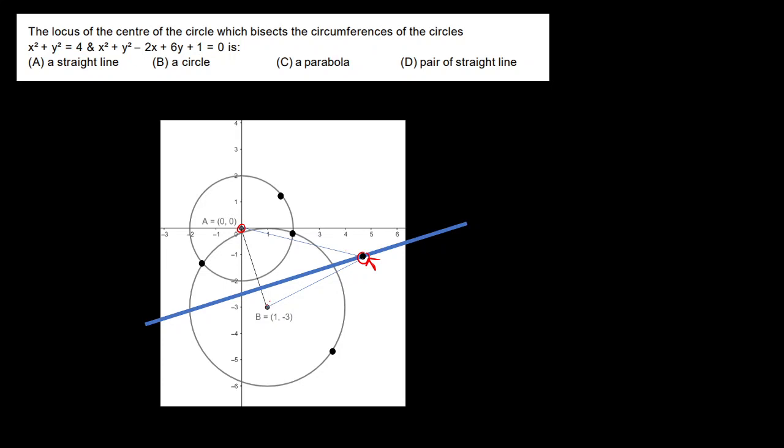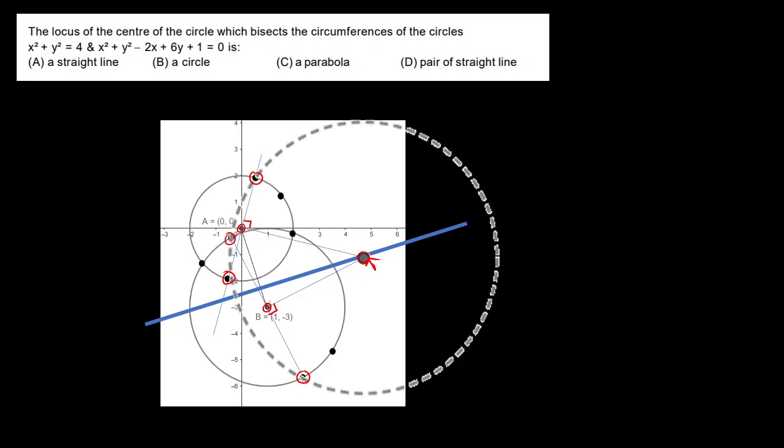I connect these two centers, and then I will draw these two diameters on both the circles which are perpendicular to this line. Okay, and then I will mark out the points where these diameters intersect, like here, and you will see a point appearing here, a point appearing here, and here. Let's go. Yes. And these are the points through which our circle would pass, and it would bisect the circumference of these two circles.